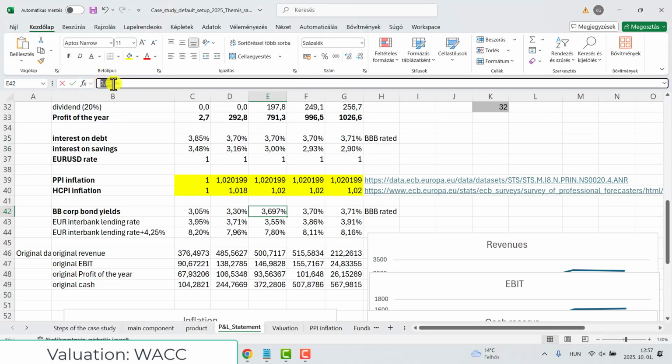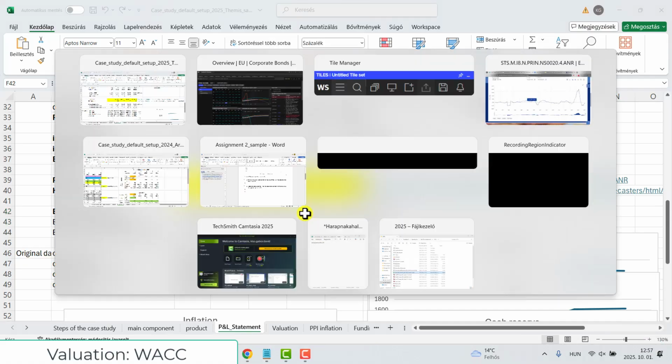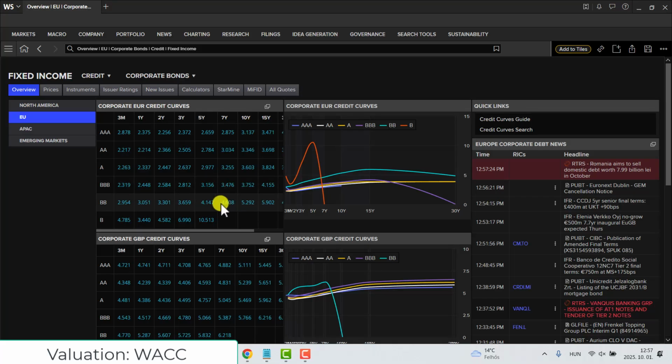Now I cannot do that because interest rates are close to 3%. And yeah, we don't have data for 4 years. Why? Because they are not providing it.